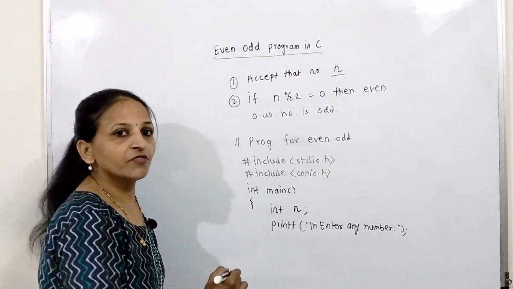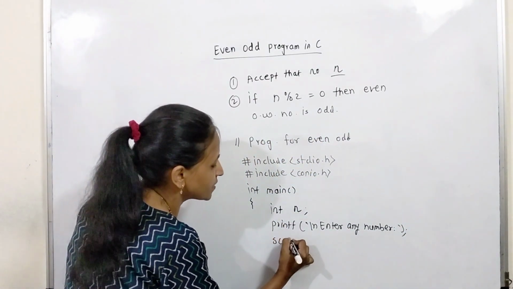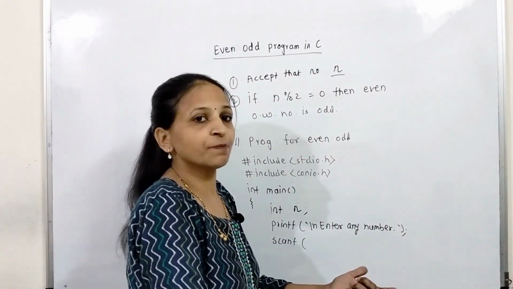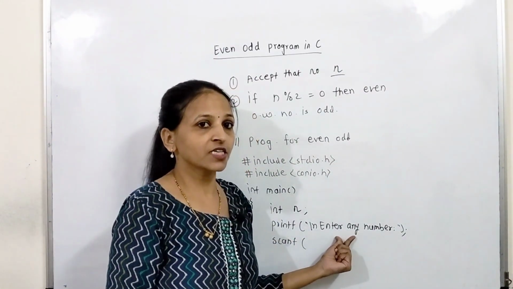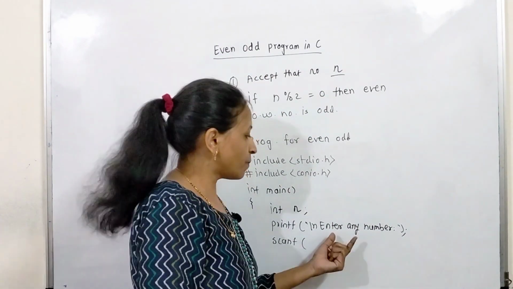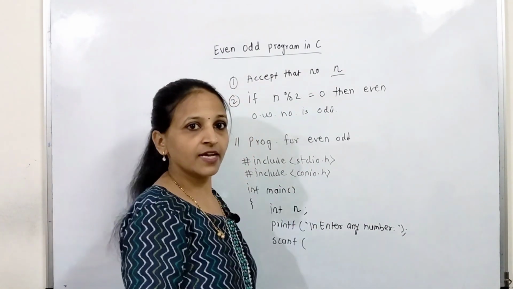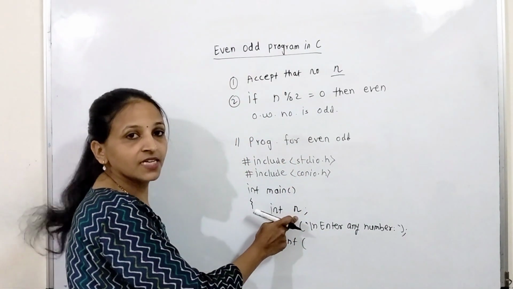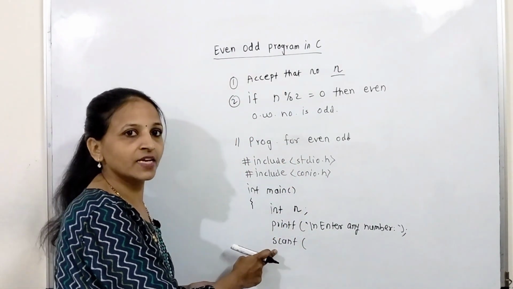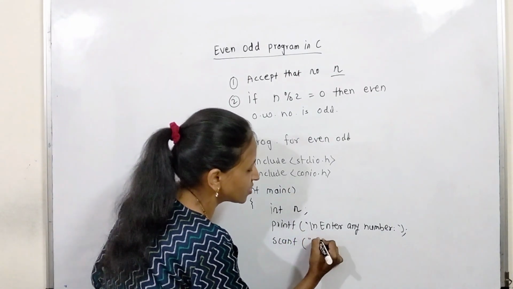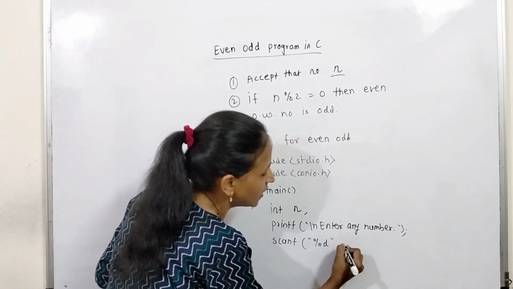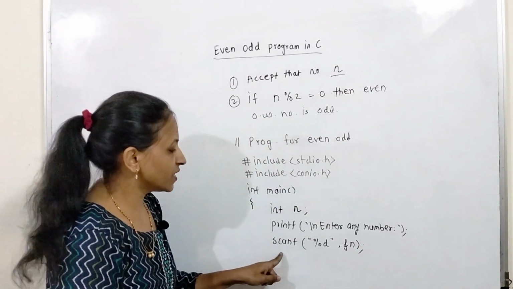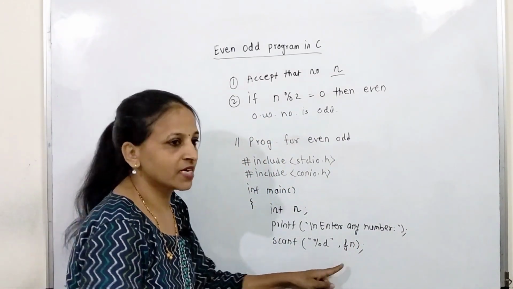Now we use the scanf statement to accept that number. Printf will display the message you have written on the output screen. After getting this message, the user will enter the number, and we have to accept and store it inside the n variable, and for that we use scanf. The number is an integer, so we write %d comma ampersand n. Remember, inside scanf it is always compulsory to use the ampersand.